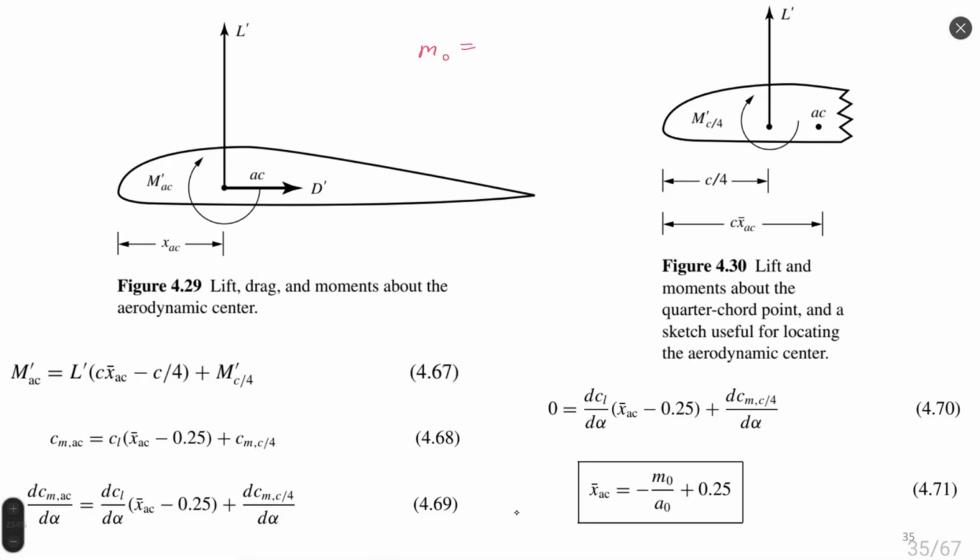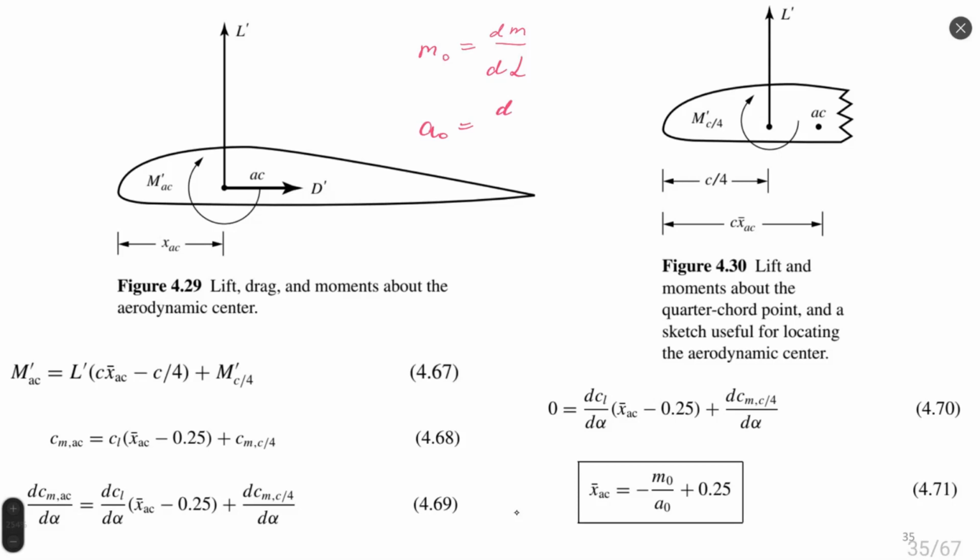M0 is dm by d alpha, a moment slope, describing how moment is changing with respect to change of angle of attack. And A0 is a lift slope.